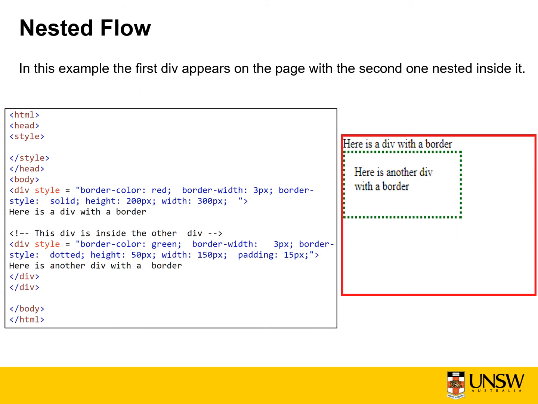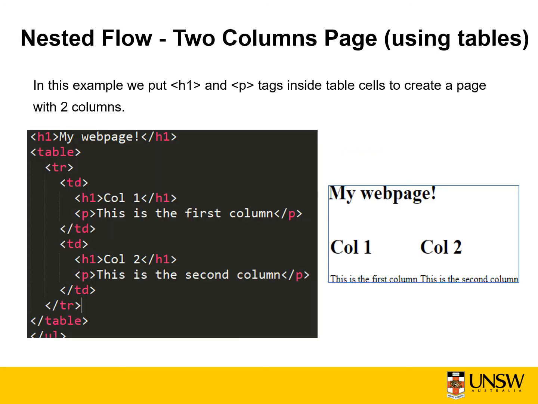However, in this example, the second div tag is inside the first div tag and has a nested flow. As you can see, the first div tag is closed after the second one. In this example, we created another nested flow, but this time by using table and putting h1 and p tags inside the td tags of the table to create a page with two columns.